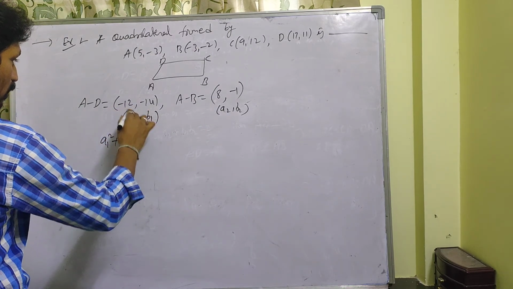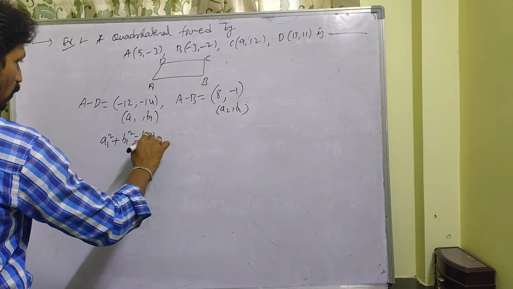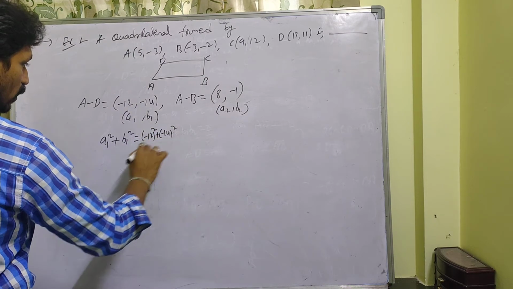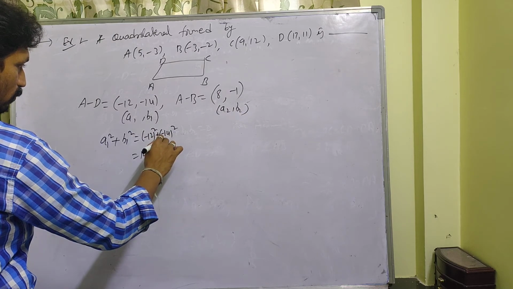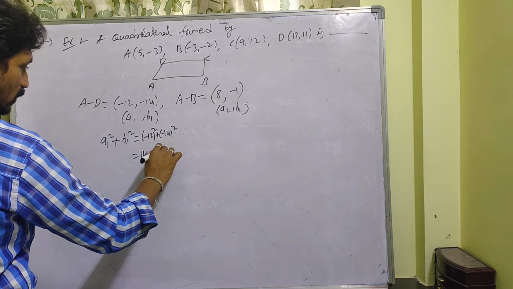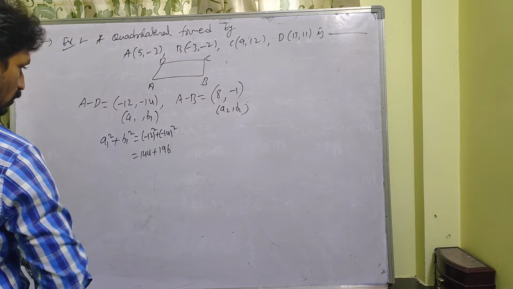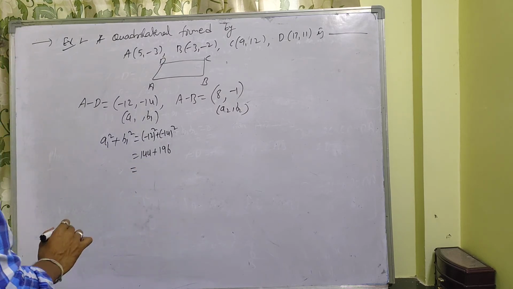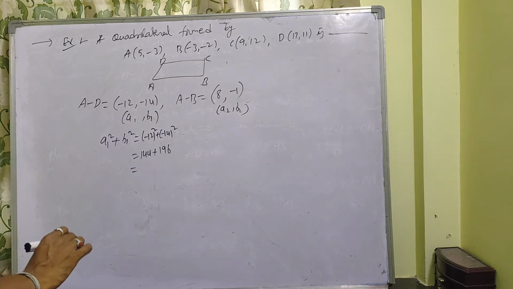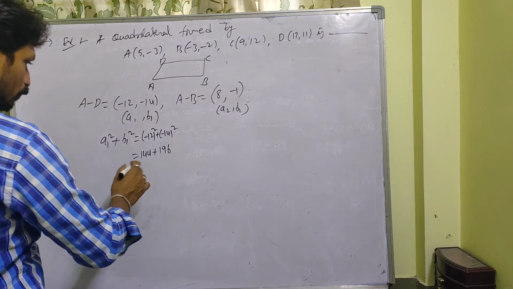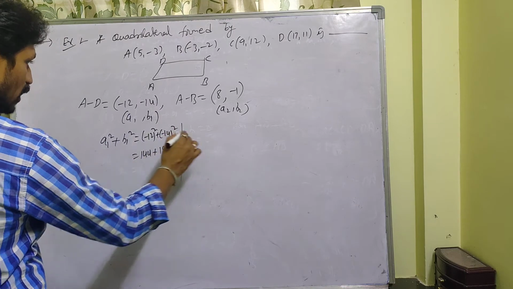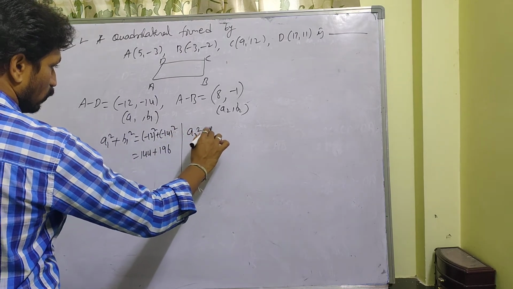That is nothing but minus 12 whole square plus minus 14 whole square. 12 12s are 144. 14 14s are 196. That is nothing but 144 plus 196.